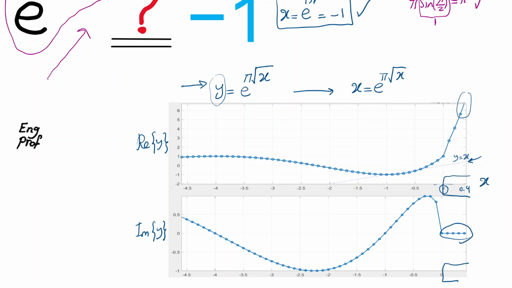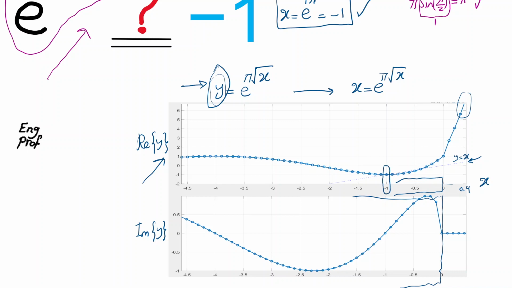But as soon as we start applying negative x values, anything less than 0, then not only do we have some real part for the outcome y, but also, as clearly seen here, a non-zero imaginary part. But for the unique value of x equal to -1, there is an interesting thing happening.